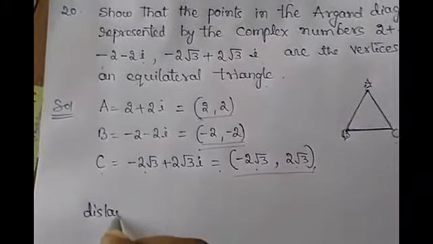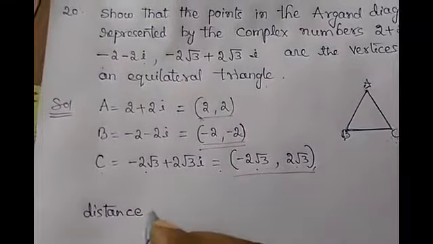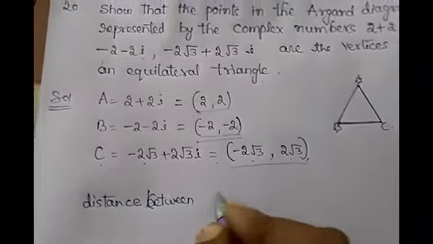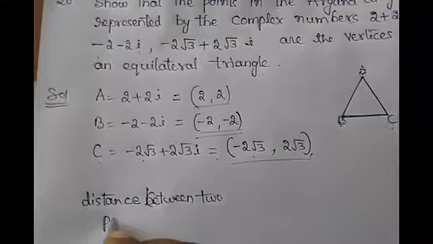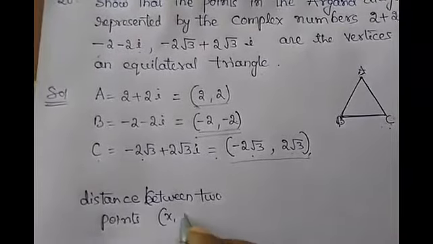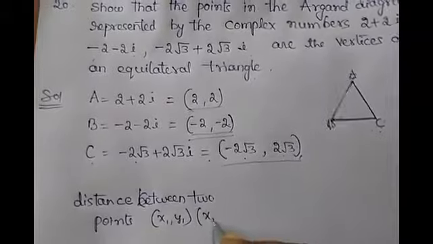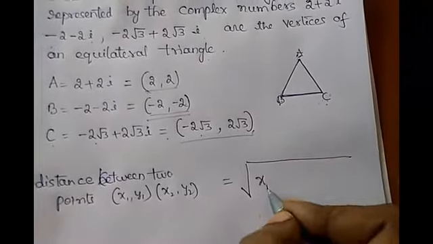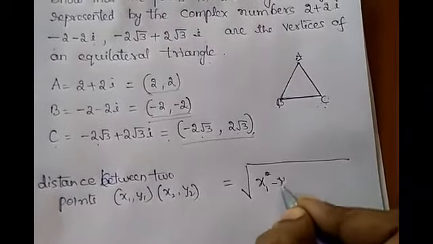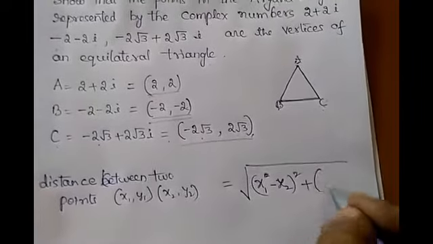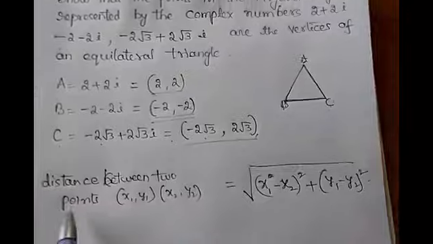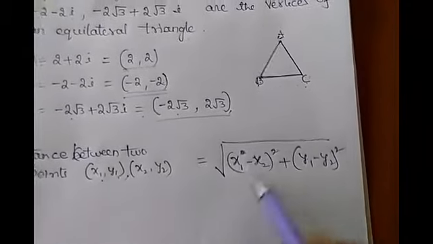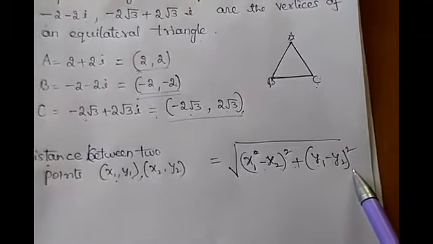You know the distance formula: the distance between two points (x1, y1) and (x2, y2) is the square root of (x1 minus x2) whole square plus (y1 minus y2) whole square.